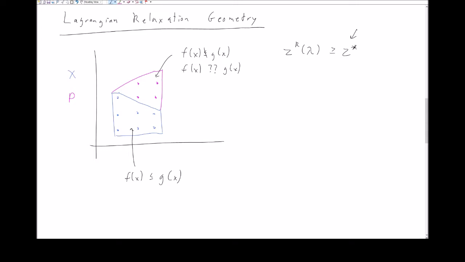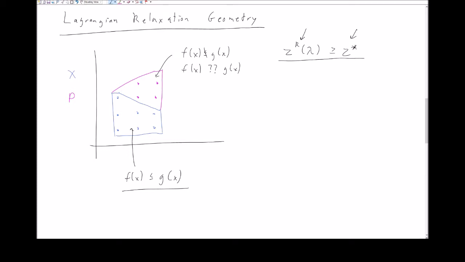And this optimal solution is going to be a feasible solution to our Lagrangian relaxation. Because f of x is less than or equal to g of x, this optimal solution, when we put it inside of the Lagrangian relaxation, is going to have a larger objective value. Since the Lagrangian relaxation is a maximization problem, the optimal solution to that relaxation can only increase. So this is the main inequality we like to use.